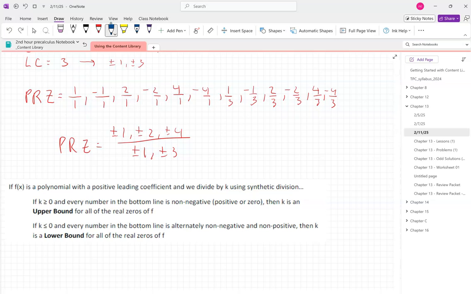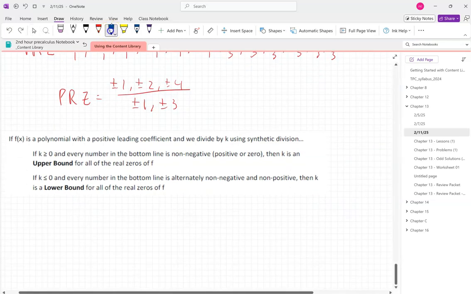Now, for the most part, for us, we can do even better than this. There is another half to this theorem. It says if k is less than or equal to 0, so a negative, and every number in the bottom line alternates between non-negative and non-positive, then k is a lower bound for all the real zeros of f.